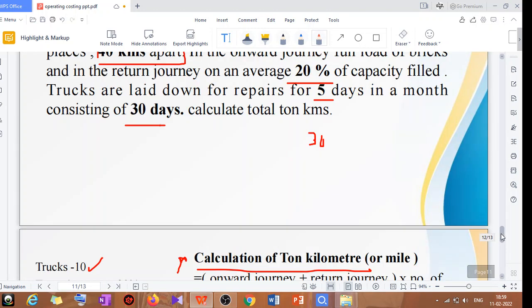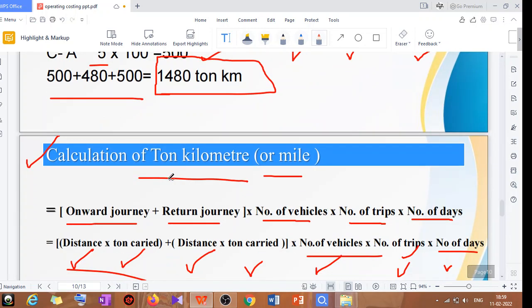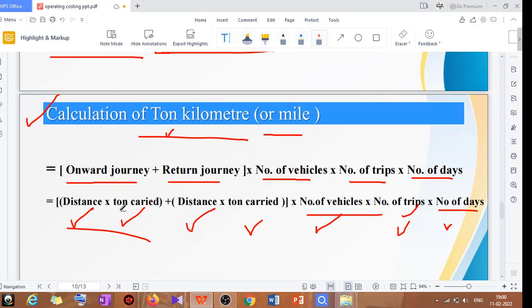Remember students, we have two calculations here. One is calculation of ton kilometer, when it comes to goods. If it is passengers, as in the case of a bus, it comes as calculation of passenger kilometer. Passengers come, not tons. So what will the formula be then?